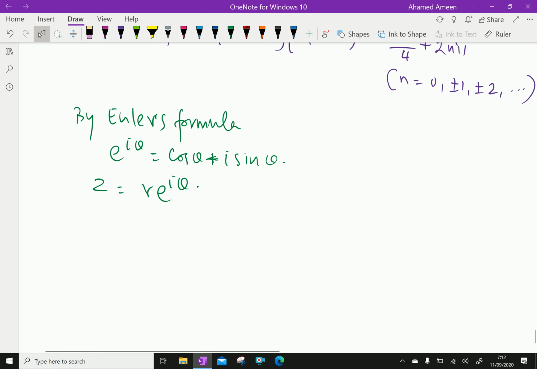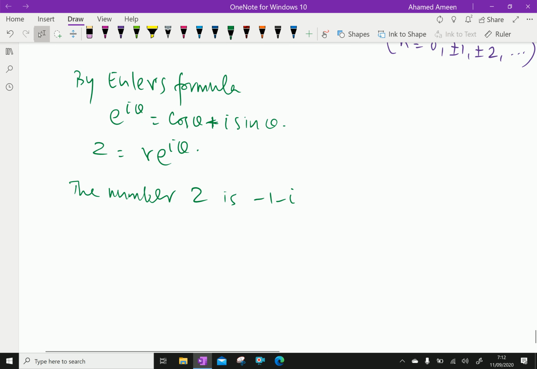Now, for the complex number z, suppose minus 1 minus i, the modulus of minus 1 minus i is square root of 2. Then we can write it as root 2 exponential of i into minus 3 pi by 4.